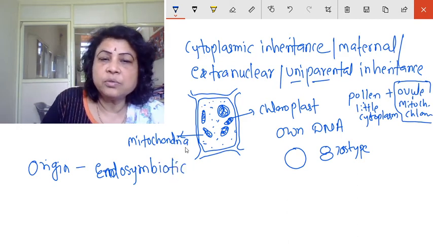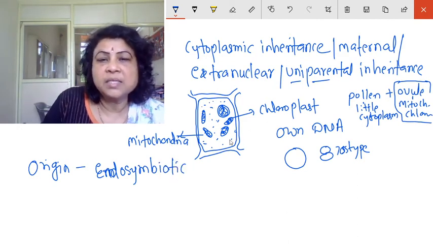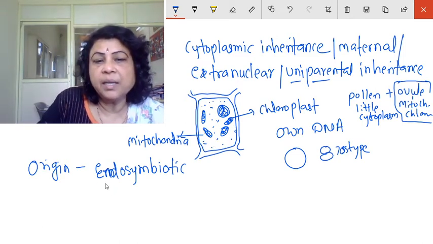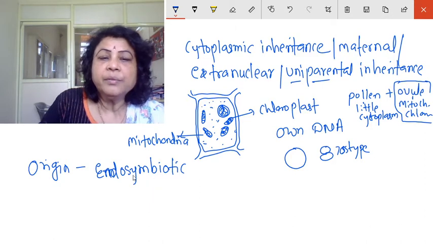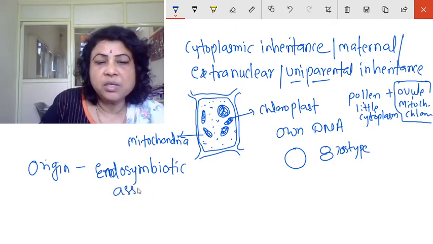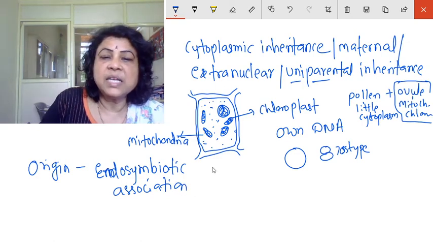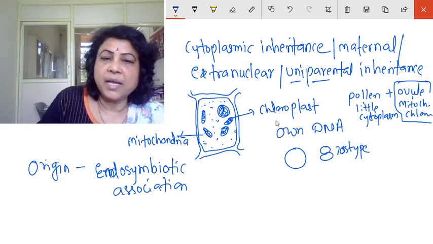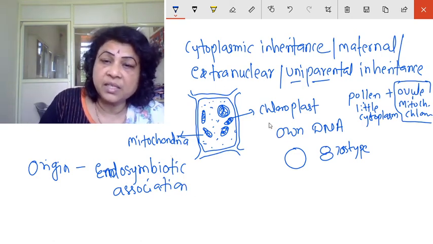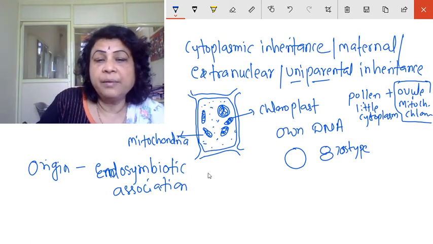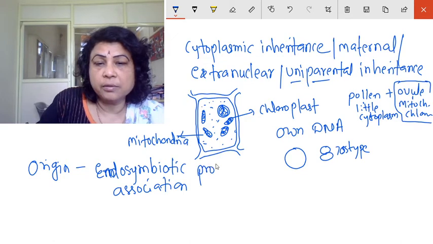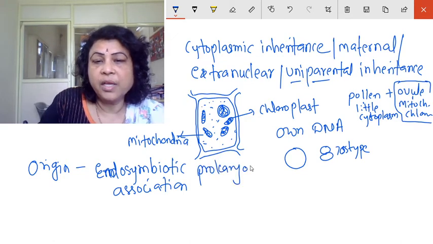The association of mitochondria and chloroplast with the plant cell is an endosymbiotic association. Earlier, in ancient times, at the time of evolution, they were prokaryotes.